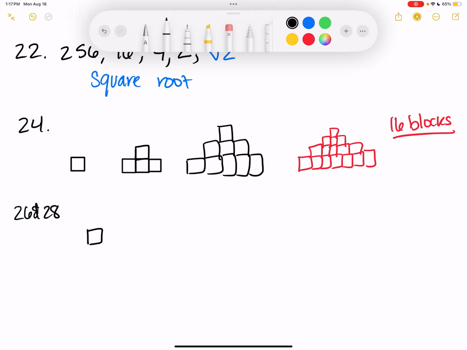Basically, we have 1 block. Here, I've got one that looks kind of like an L. Then I've got 3 on the bottom, then 2, then 1. I've got 4 on the bottom.